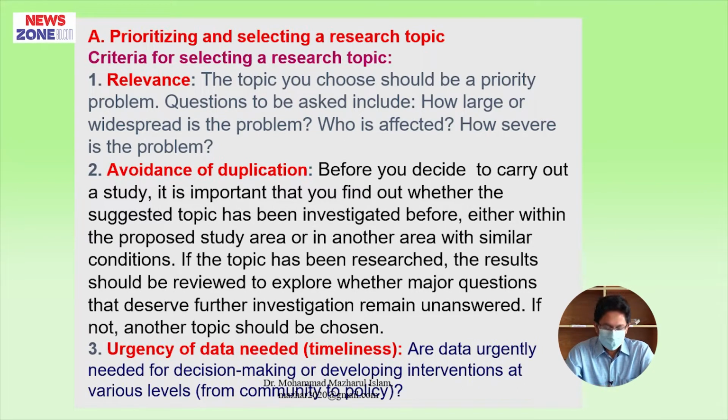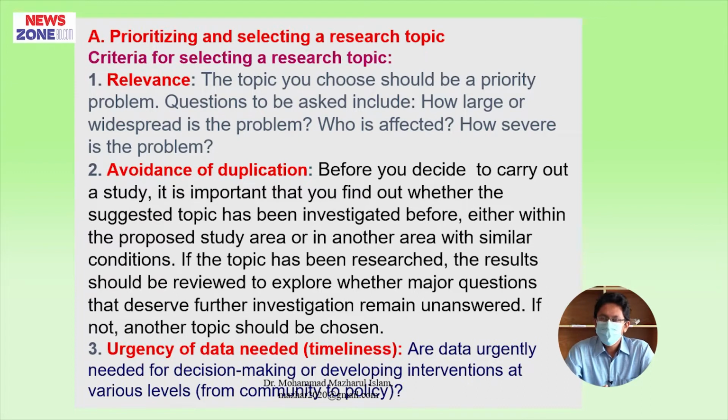The second criteria is avoidance of duplication. We don't have to conduct a research that is already done by some other people in a similar situation or similar field area or similar context. One study may be already conducted by some other persons.